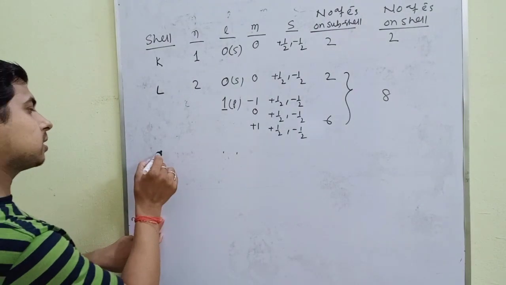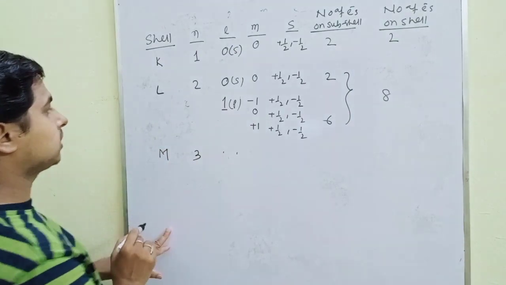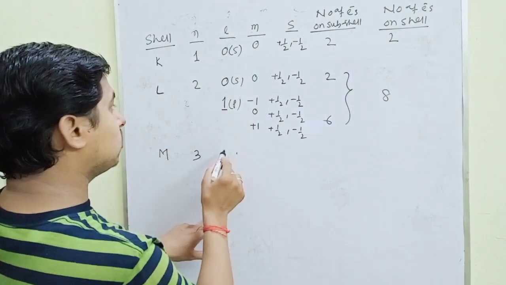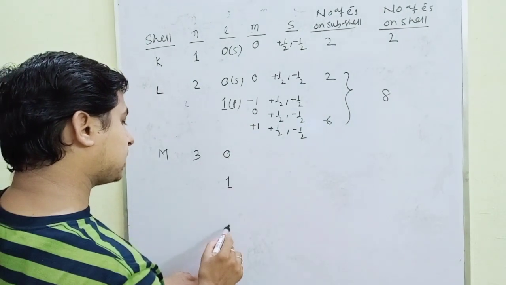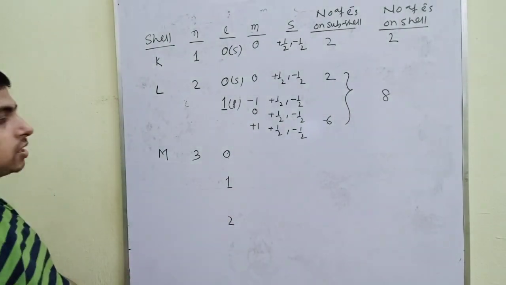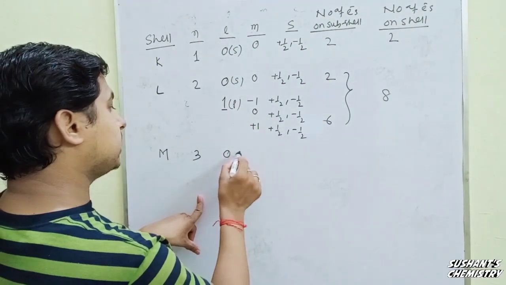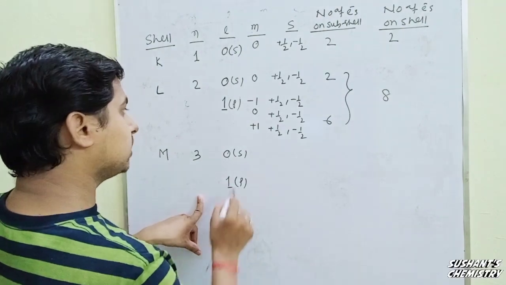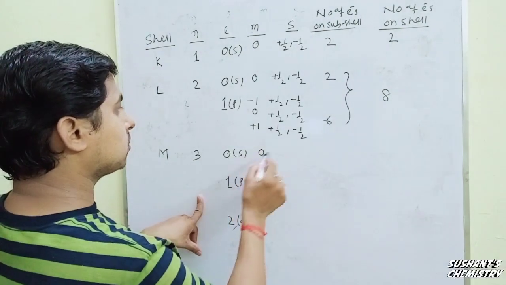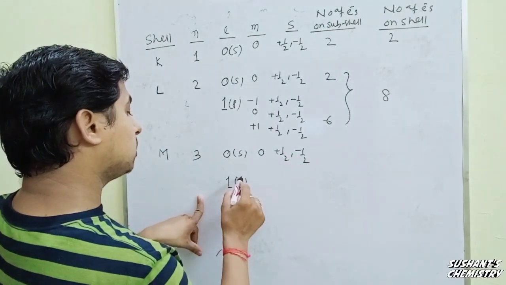Similarly, for M cell, the value of n is equal to 3. The value of L becomes 0, 1 and 2. Similarly, you can calculate, that is S, that is P, that is D. Here S equals 0 and contains 2 electrons, plus half and minus half spin value.